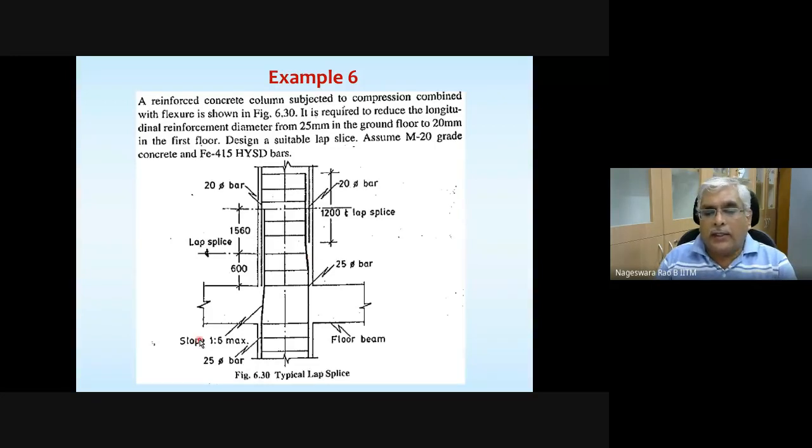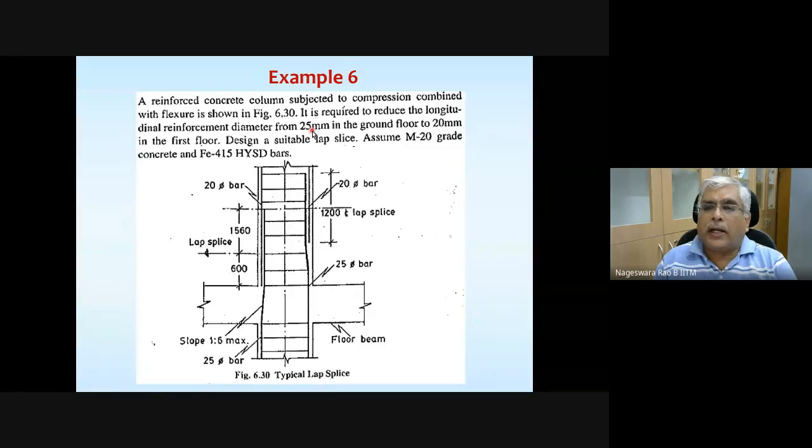Okay, here that is what is mentioned: slope 1:6 maximum. Okay, all these details you will be learning as a part of your advanced courses, or they're all given in the special publications and reinforcement detailing references. Okay, anyway, now let's focus on this.